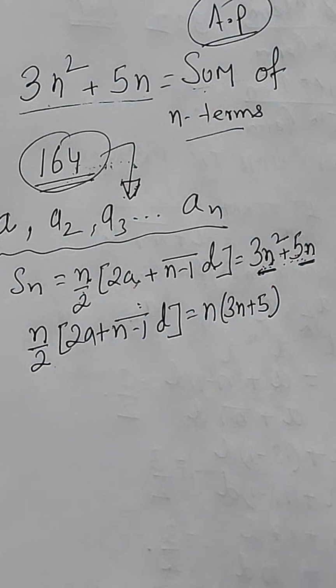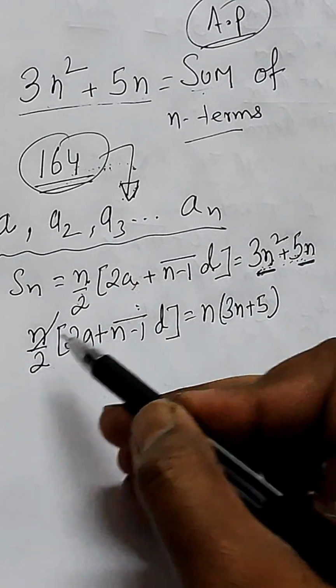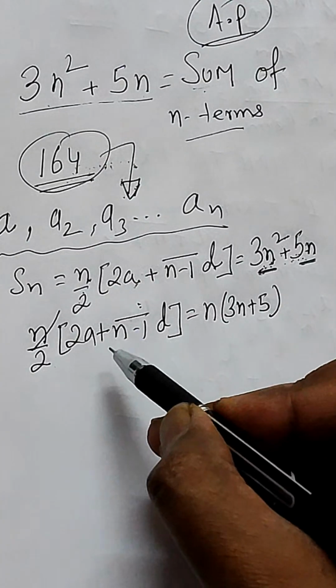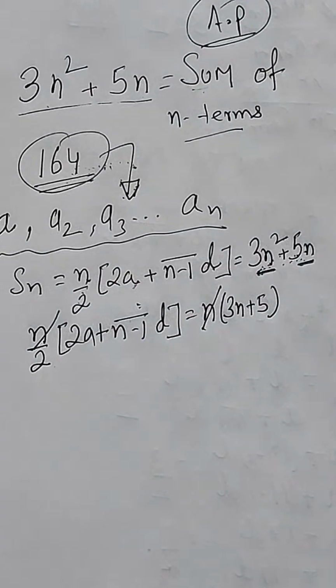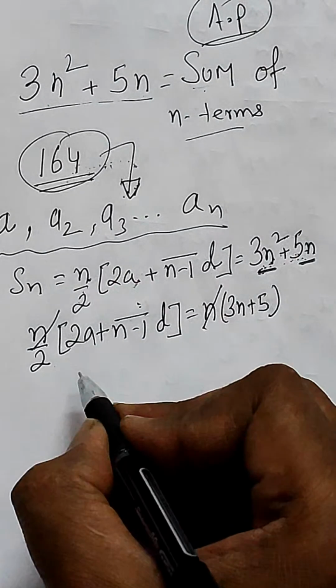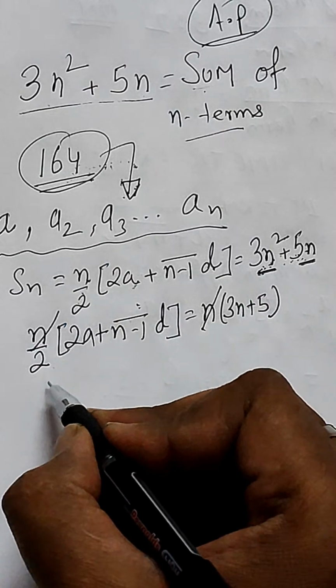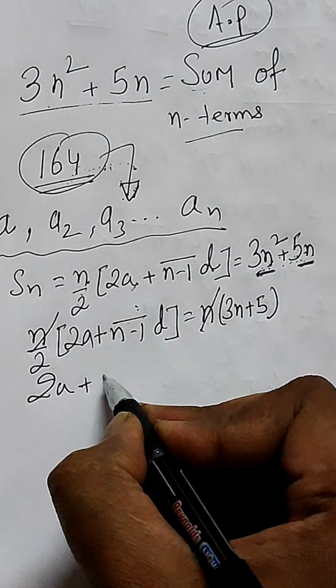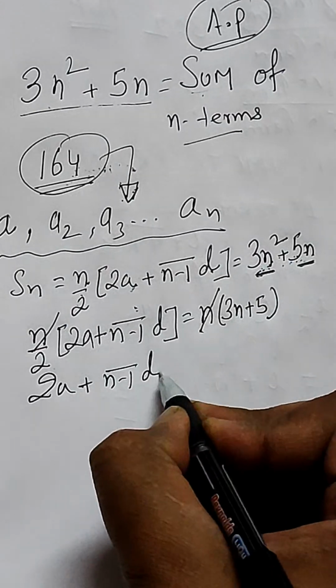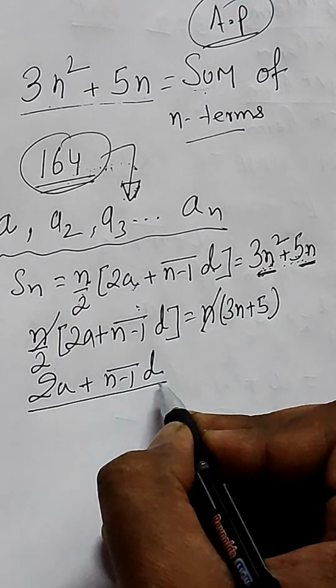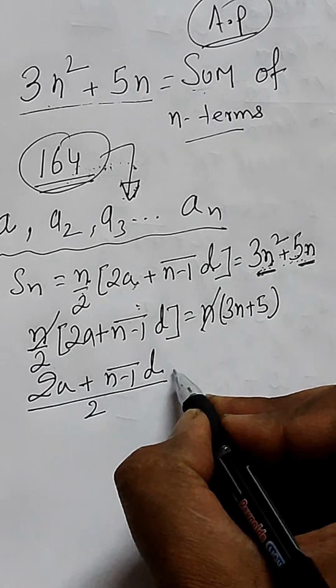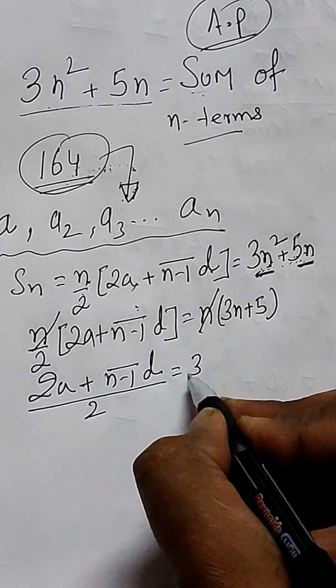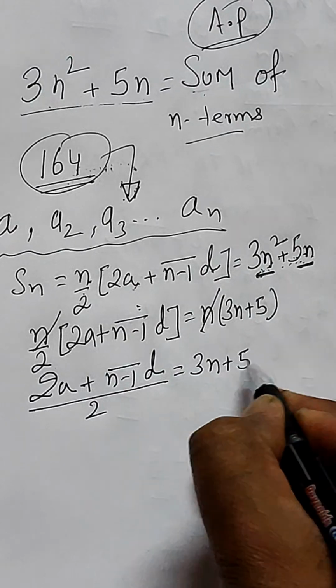Why do we do it? Because the n on the LHS will cancel with the n on the RHS. So we get the relation 2a plus n minus 1 into d divided by 2 equal to 3n plus 5.